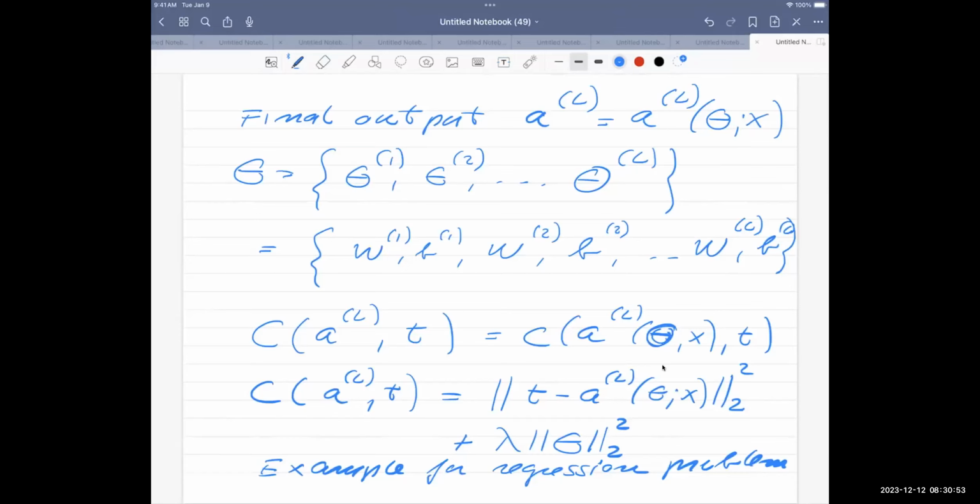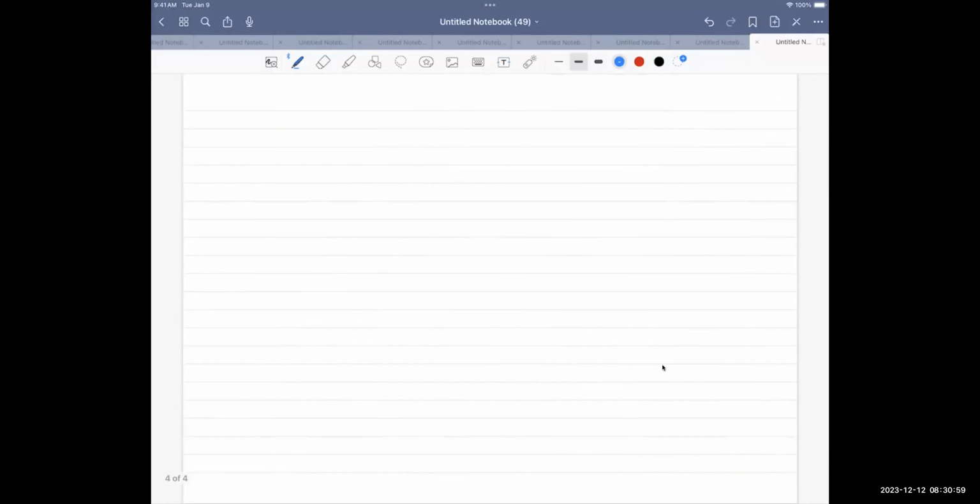Now, what we end up doing is to calculate the derivatives. So we want to derive these derivatives as a function of these variables, starting at the final layer. And this is where we end up with the backpropagation algorithm. So this is what we want to calculate.